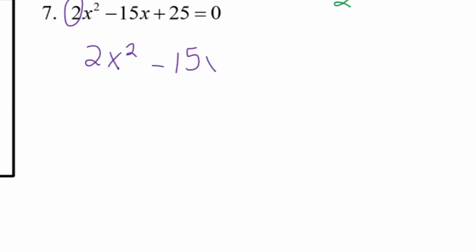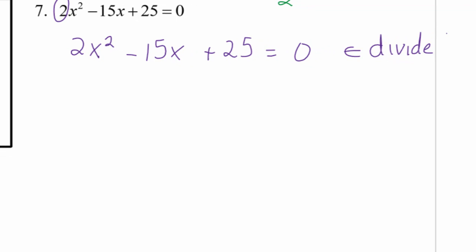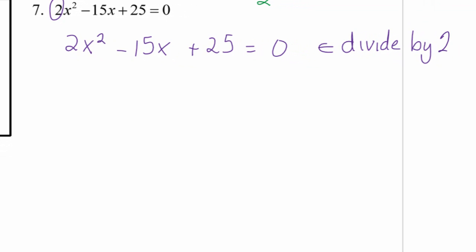Just rewriting the problem here. And the first step is divide by a, which happens to be 2. So everything gets a 2. Just like that. Okay. So this is x squared.